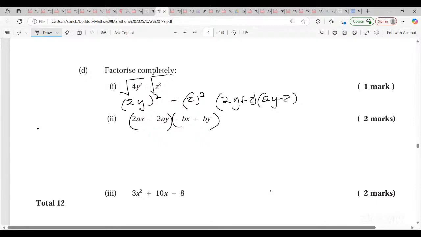You know? We have to take out the highest common factor. The highest common factor would have been 2, right? That's the highest number that can go into both. So we take out the 2, and then we look at which letter is common. Now, a is common to both. So we take out the a as well, and then we divide. So we divide 2ax by 2a, and that will leave x. 2a into negative 2ay, so that's negative 2ay divided by positive 2a. a cancels a, so that leaves minus y.